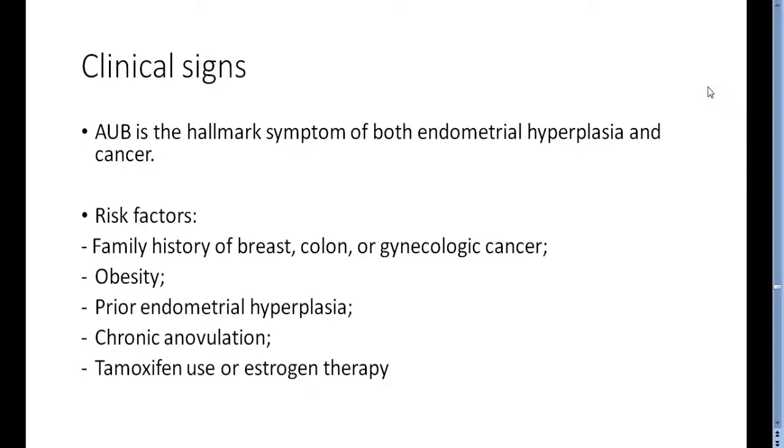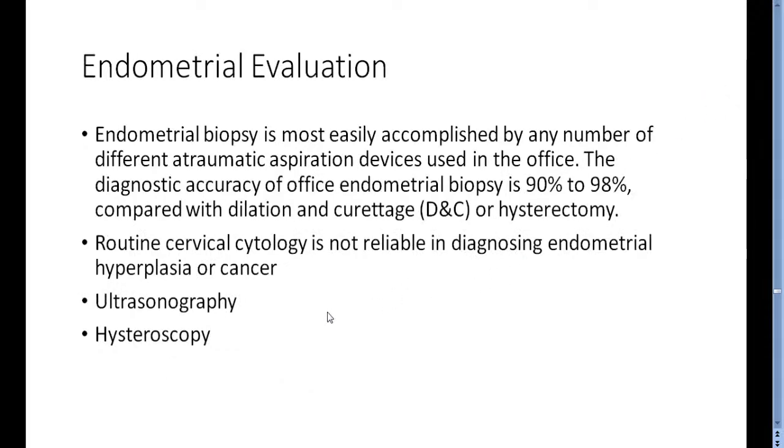Also patients who previously, at a young age, had endometrial hyperplasia, patients with chronic anovulation like patients with polycystic ovarian syndrome, and patients who took tamoxifen for breast cancer treatment, or patients who didn't have any cancer but were on menopausal hormone replacement therapy with estrogens.